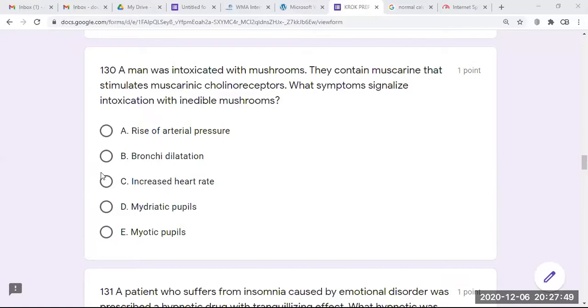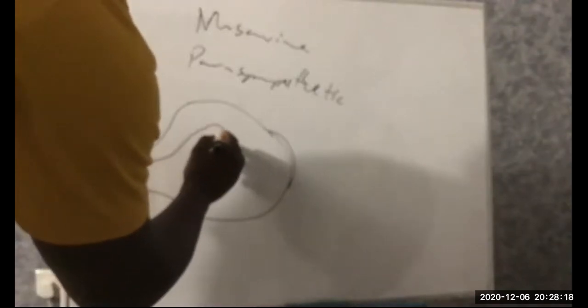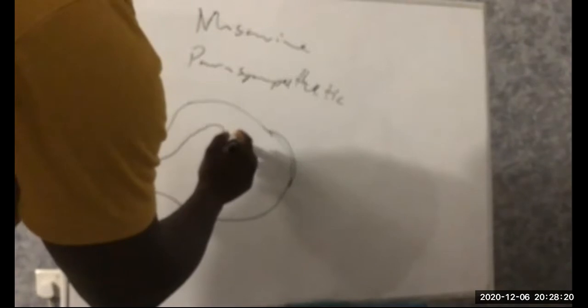Parasympathetic, right? So let's go to the eye. Now look at something. So I'll draw the eye like this. All right. Now this is the eye. This is the cornea. Now this is the what? Ciliary body.